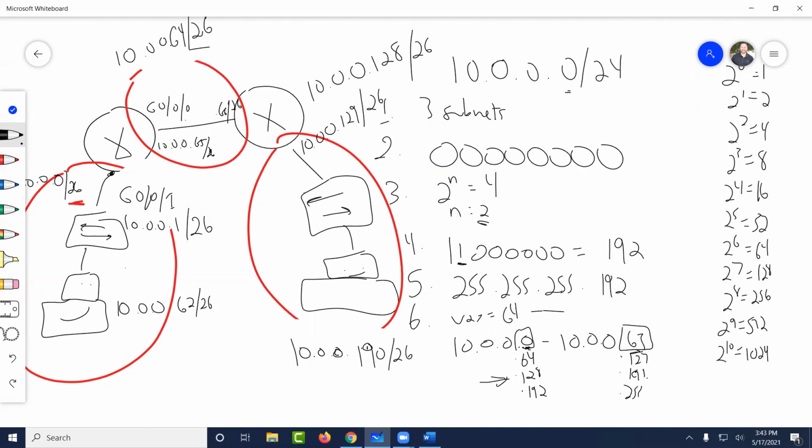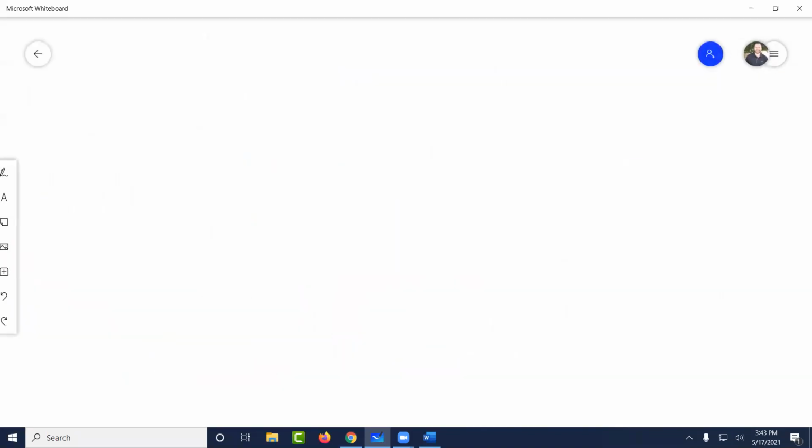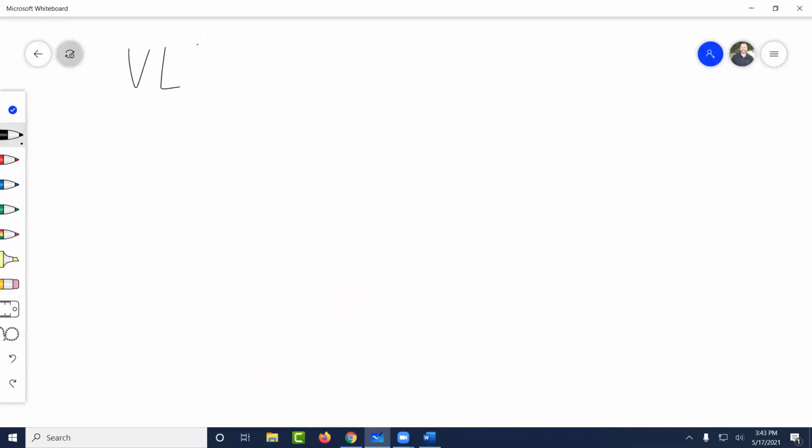So that, ladies and gentlemen, is called variable length subnet masking. So VLSM. It is also sometimes called classless subnetting, but this is variable length subnet masking.